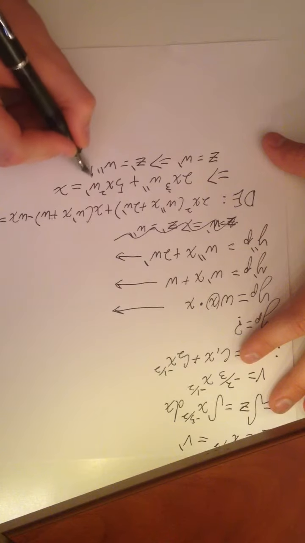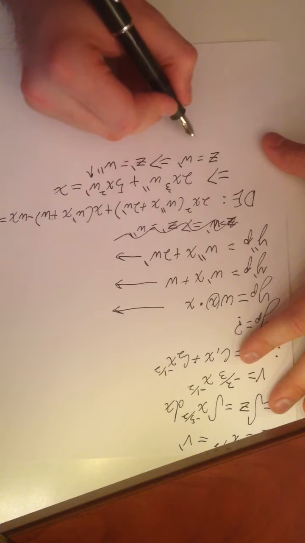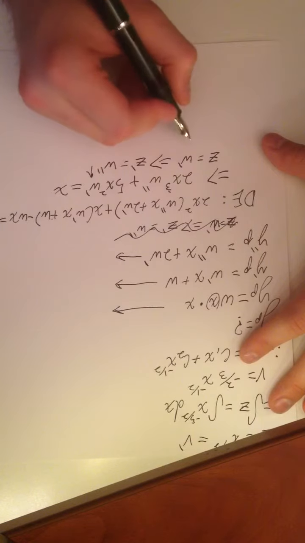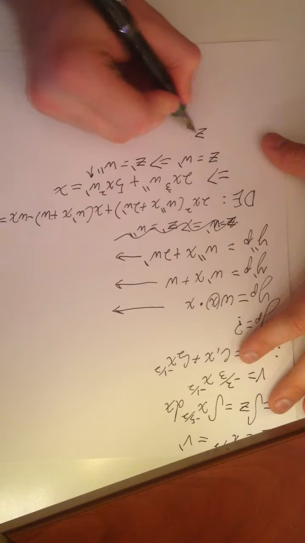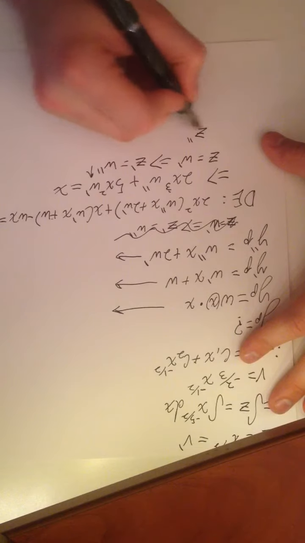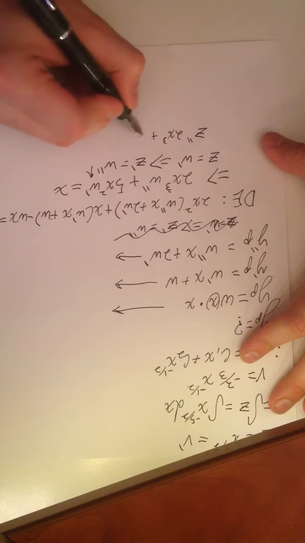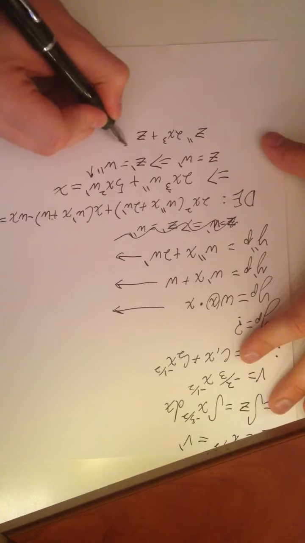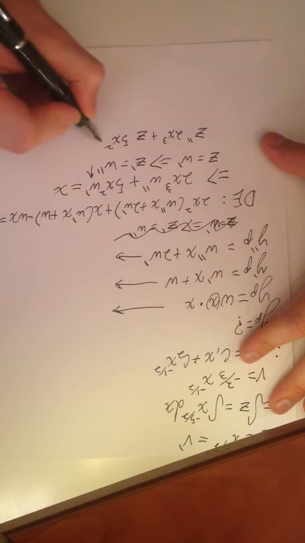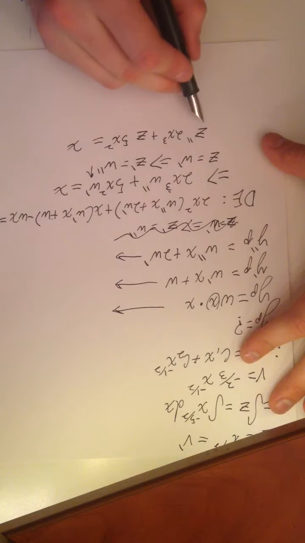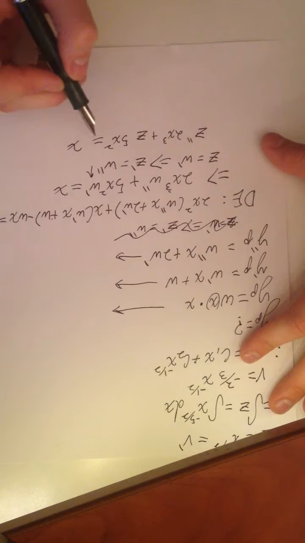Plugging this back into our equation, it ends up being z prime times 2x cubed plus z times 5x squared, which is equal to x.